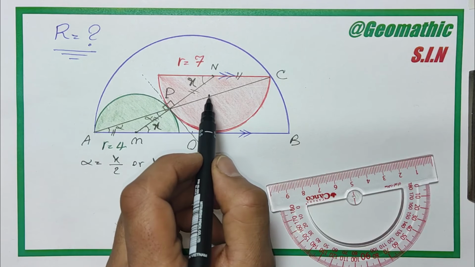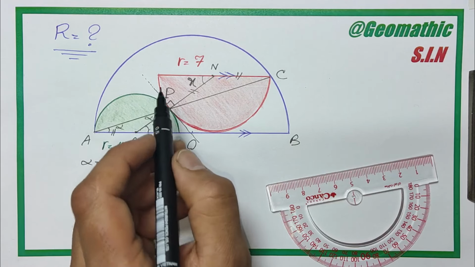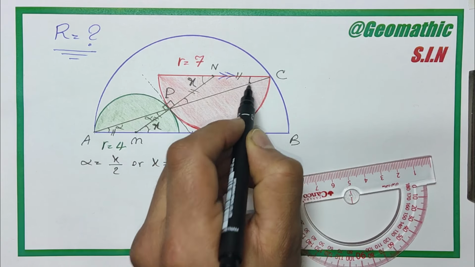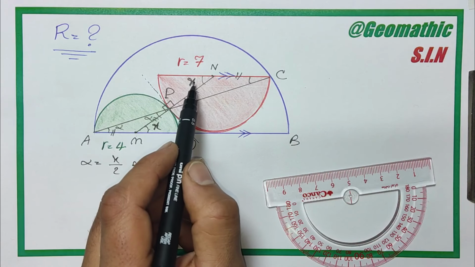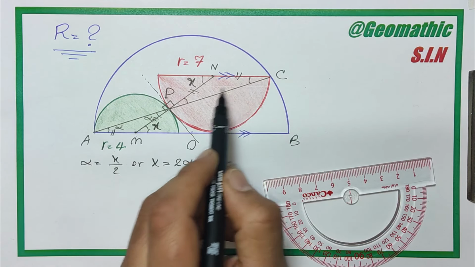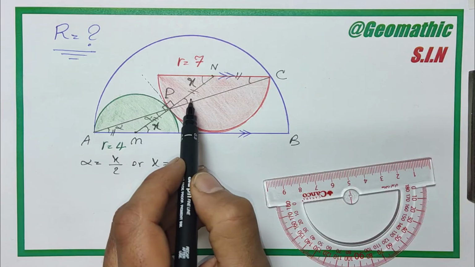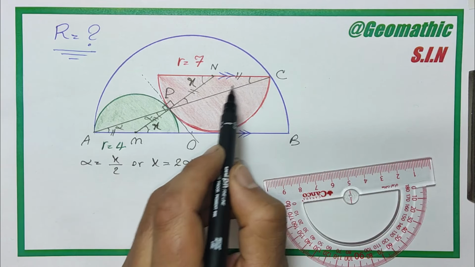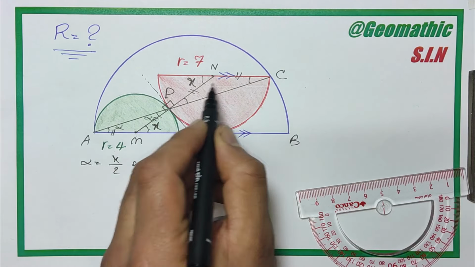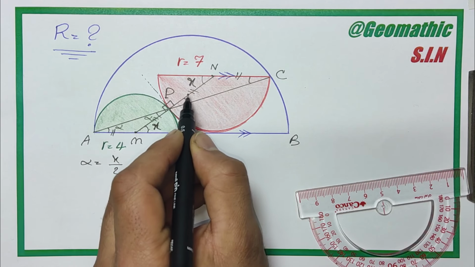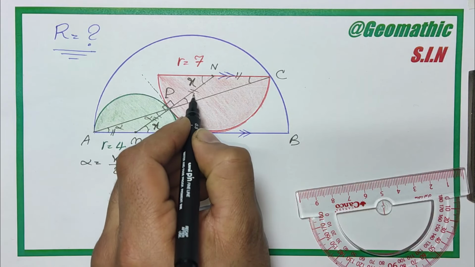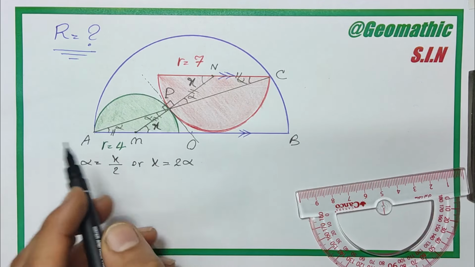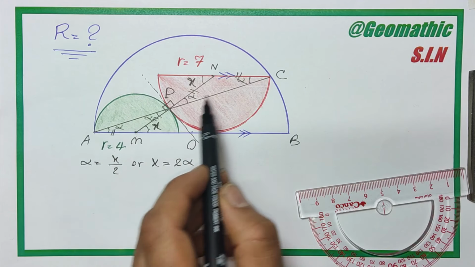And now again I've made an isosceles triangle in which two base angles are equal, and again the exterior angle of a triangle equals the sum of two opposite interior angles. And since these two angles are equal, both of them are equal to X over 2, which is alpha. So alpha here and alpha here, and you can see these four angles here are equal.